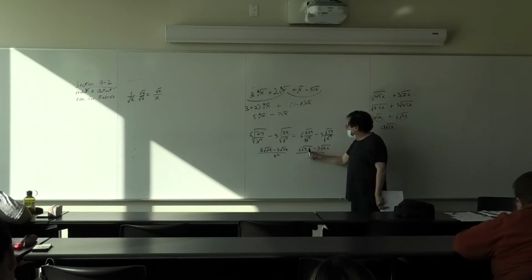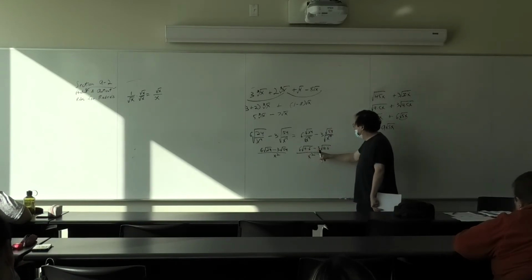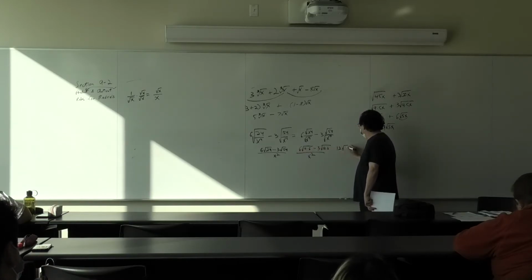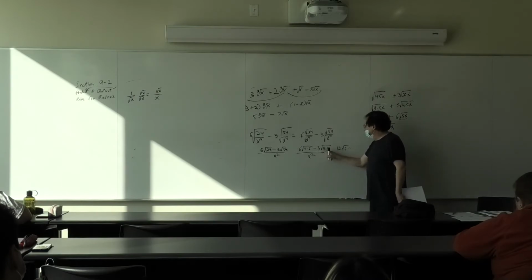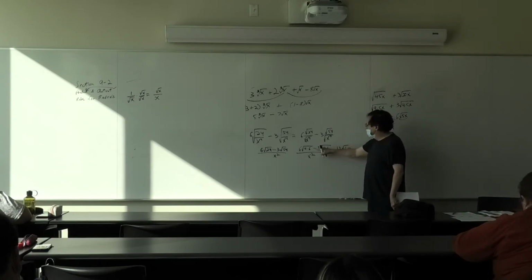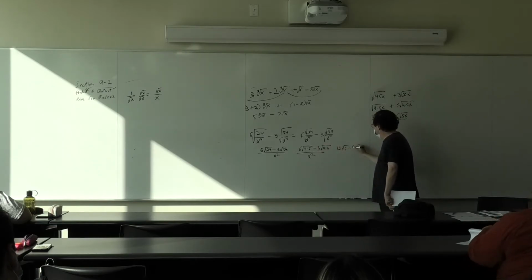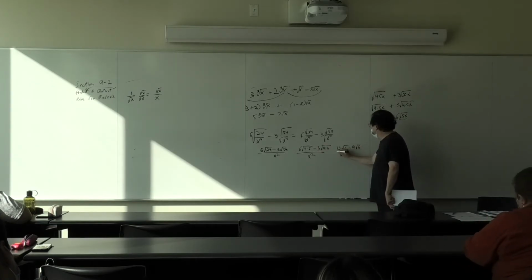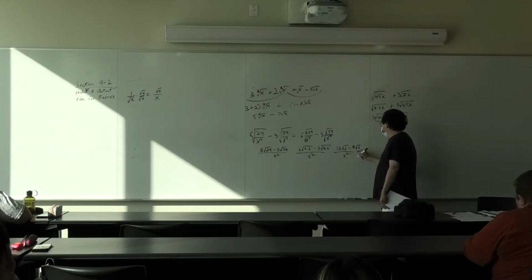And again, now I've got a 4 here, so I know that I can take it out as a 2. 12 times the square root of 6 minus, I've got a 9 here, taking it out as a 3, 3 minus 9 square root of 6 over x squared. And lo and behold, this is nice and simple. 12 minus 9 is 3 square root of 6 over x squared.